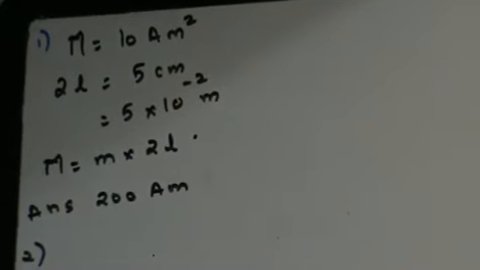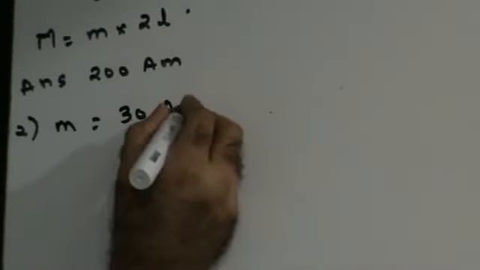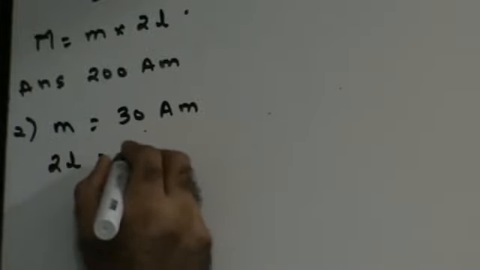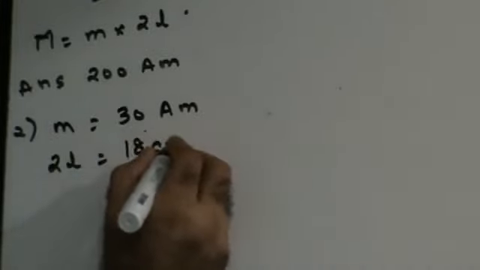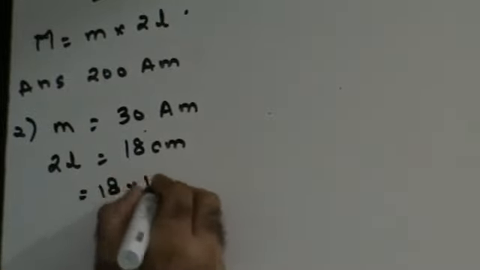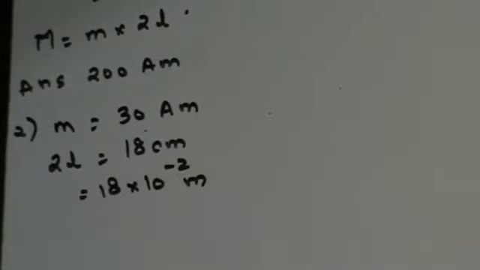Next, take down next one please. Calculate the dipole moment if the pole strength is 30 ampere meter, separated by a distance of 18 centimeters.